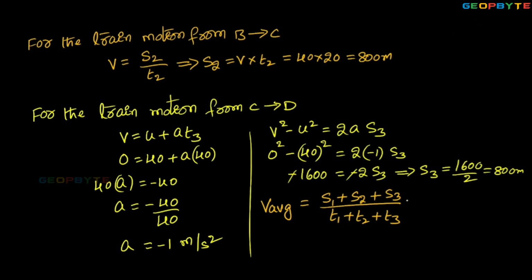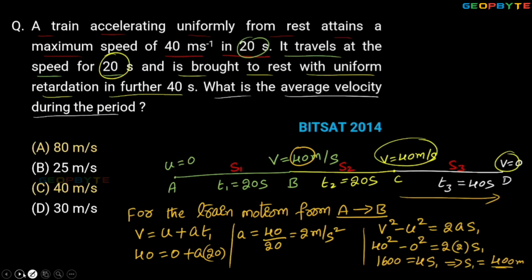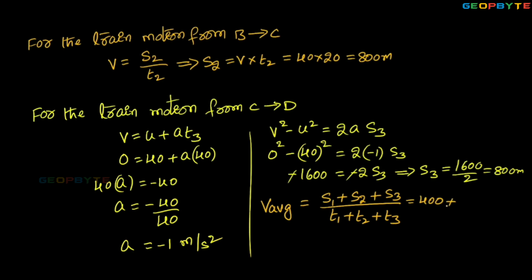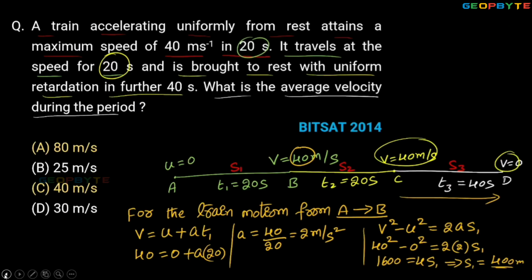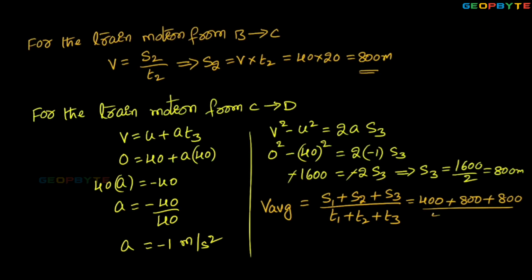You got S1 equal to 400, S2 equal to 800 meters, plus S3 also 800, divided by T1 plus T2 plus T3, 20 plus 20 plus 40. It is equal to 2000 divided by 80 is equal to 25. Simplified, 25 meter per second.